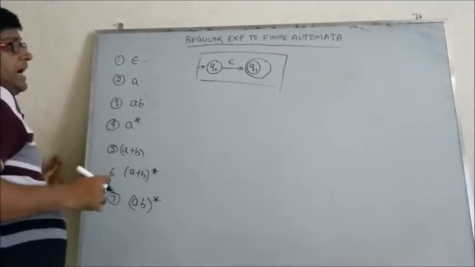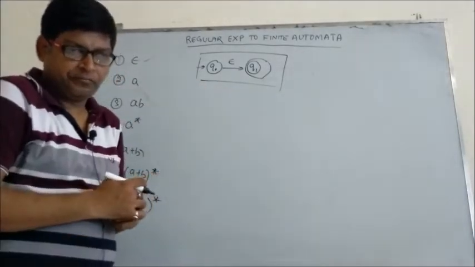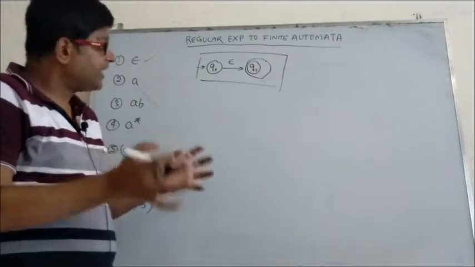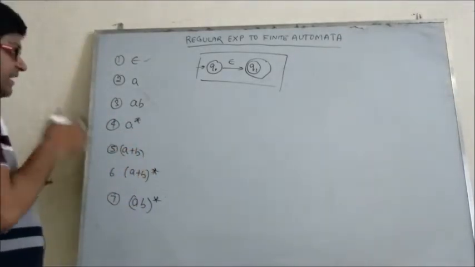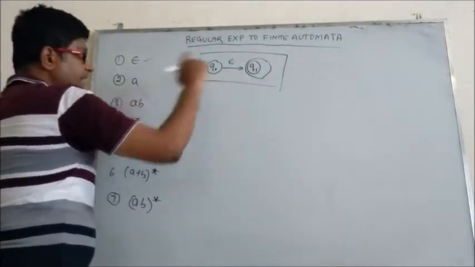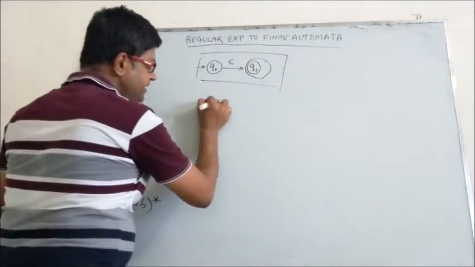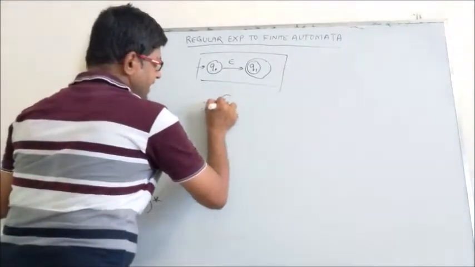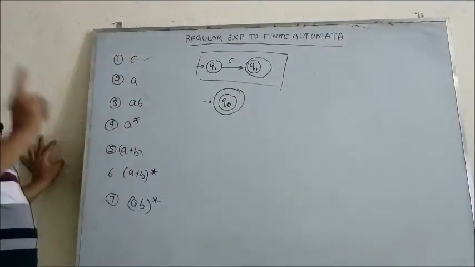Now, can this finite automata be simplified more, that is, can we reduce the states? Yes, we can do it. Let's see how. Suppose without giving any input symbol I am reaching the final state; that means my first state, the initial state, can be considered as the final state. Please take note of that.